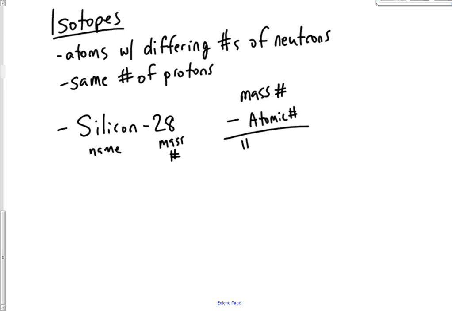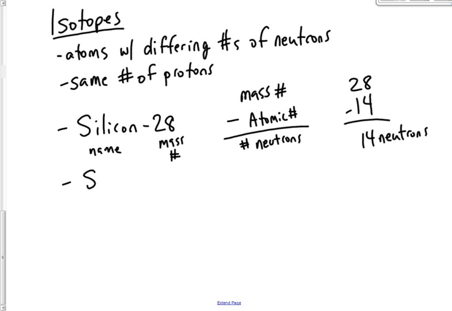That's going to give you your number of neutrons. So if we were to do silicon 28, you're going to have a 28 mass number. You look at the periodic table and find out that its atomic number is 14. And there we have 14 neutrons. 28 minus 14 is 14.